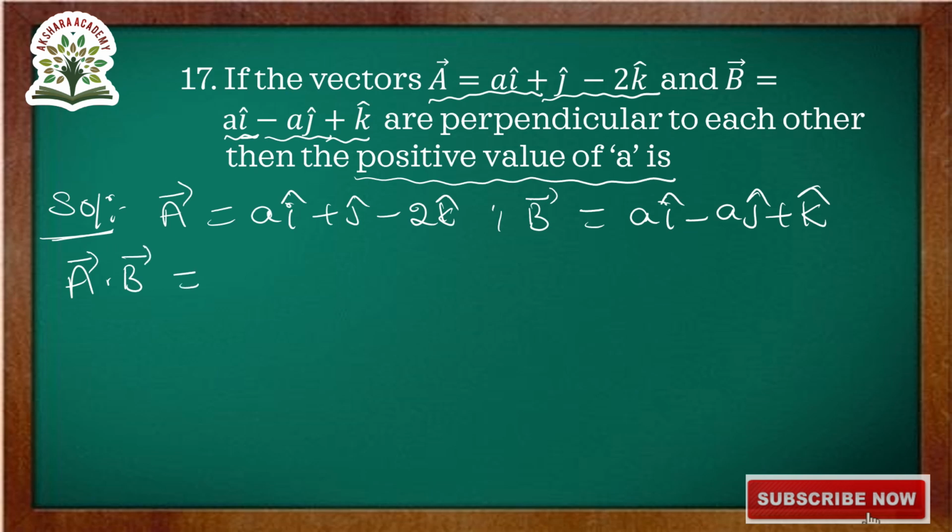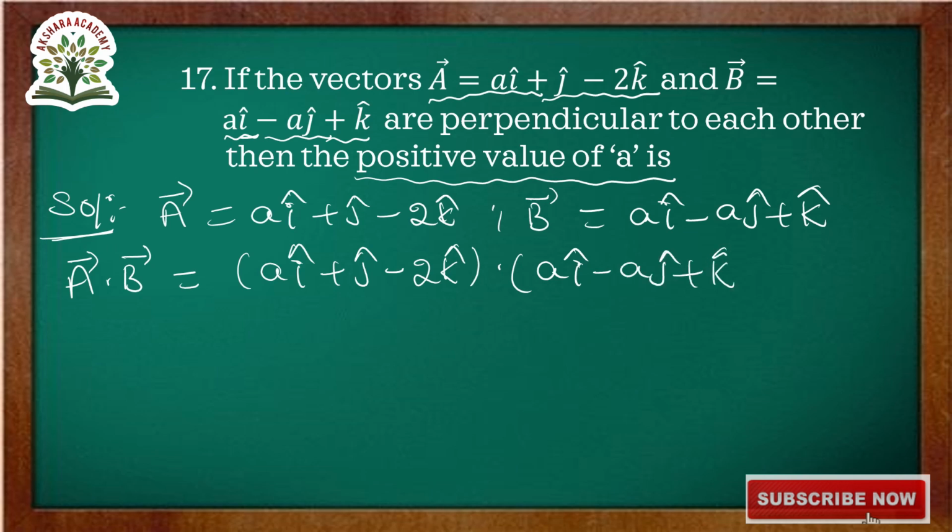So now we are doing the dot product of a bar and b bar, that is a i cap plus j cap minus 2k cap dot a i cap minus a j cap plus k cap. In dot product, i dot i, j dot j, k dot k is equal to 1. So a into a, a square, minus a minus 2 is equal to 0. These two vectors are perpendicular, so that's why their dot product is equal to 0.